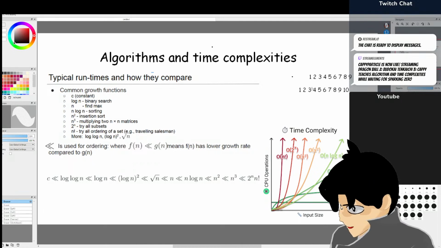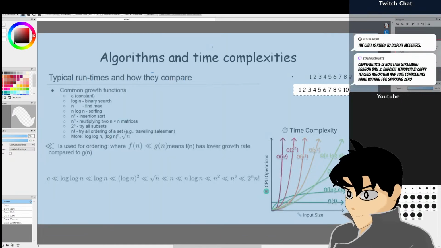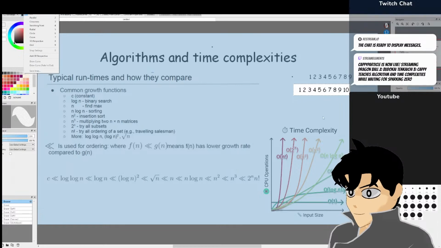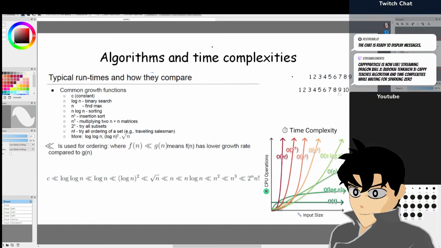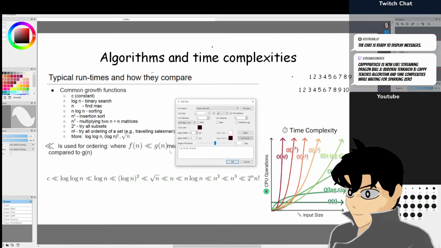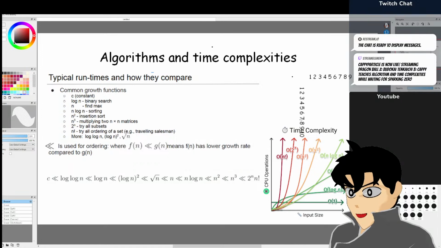Is there a way to rotate this? Okay, so basically something like this, okay?